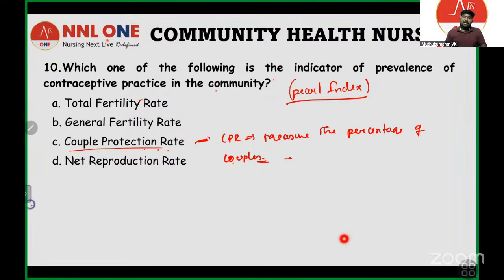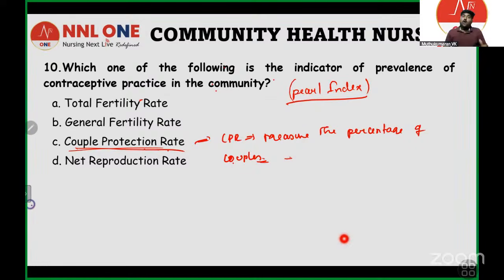How far we have made the awareness, how much we are using the contraceptive method as suggested by the government, whether they are using barrier methods or any protective things, which level of contraception they are using, whether they have awareness regarding contraception or are following the guidelines, everything. So this couple protection rate measures that. Very easy. Okay, just remember this.